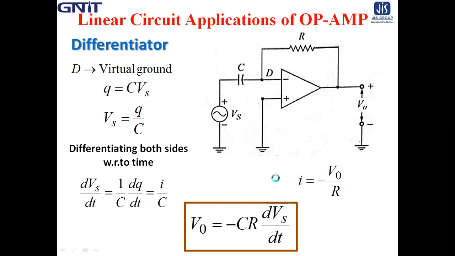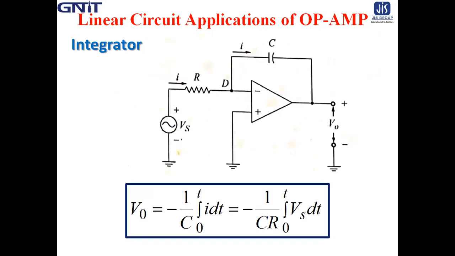Next we move to the integrator circuit. Why is it called an integrator? Because the output is proportional to the integration of the input signal. I will show you that the output is proportional to the integration of the input signal.